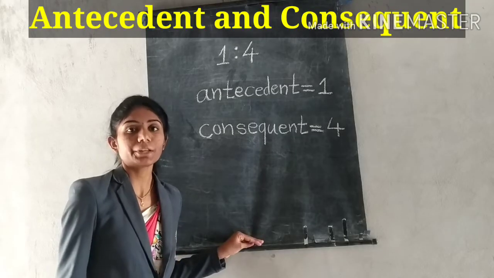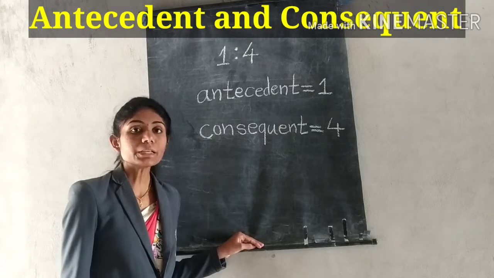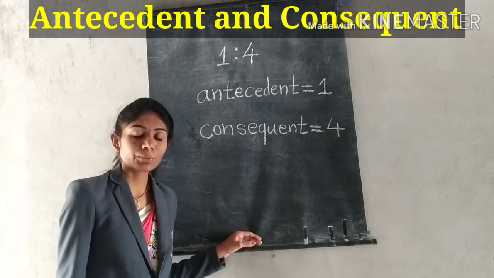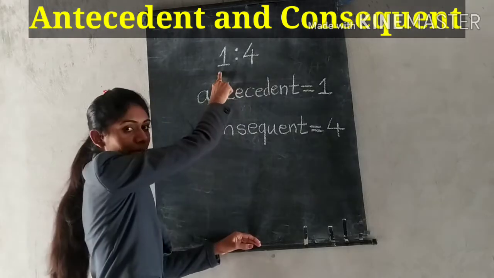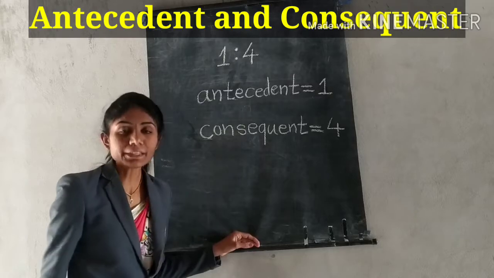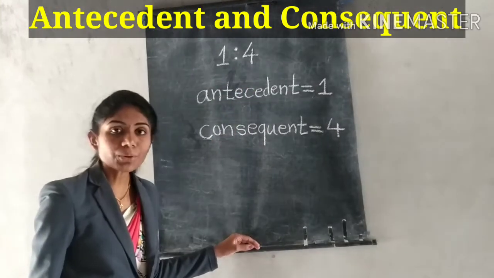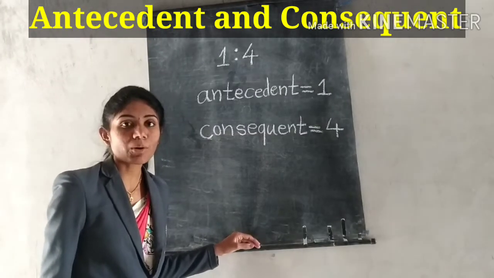In the given ratio 1 is to 4, 1 is to 4 is the ratio of two numbers 1 and 4. The first quantity 1 is known as the antecedent and the second quantity 4 is known as the consequent, and they are separated with the symbol colon.